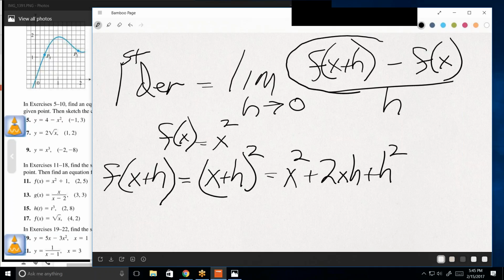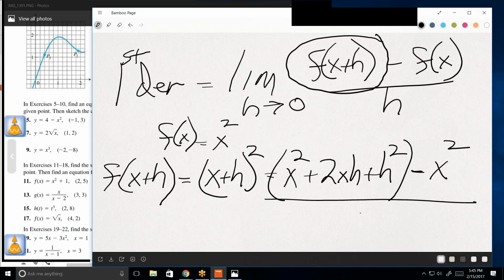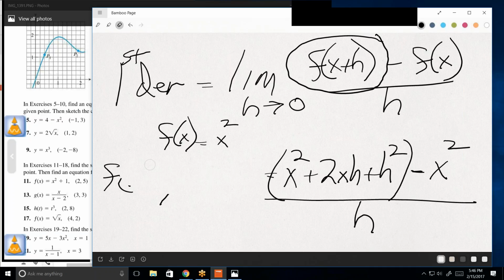Yeah. So what I just wrote is what is circled up there. So I'm just going to put parentheses around it, even though I don't need them, just for clarification. Minus f of x, well, f of x is x squared, right? Mm-hmm. Put the whole thing over h, and I'm going to take the limit of this whole thing as h goes to 0. Well, you can see what the problems are going to be.